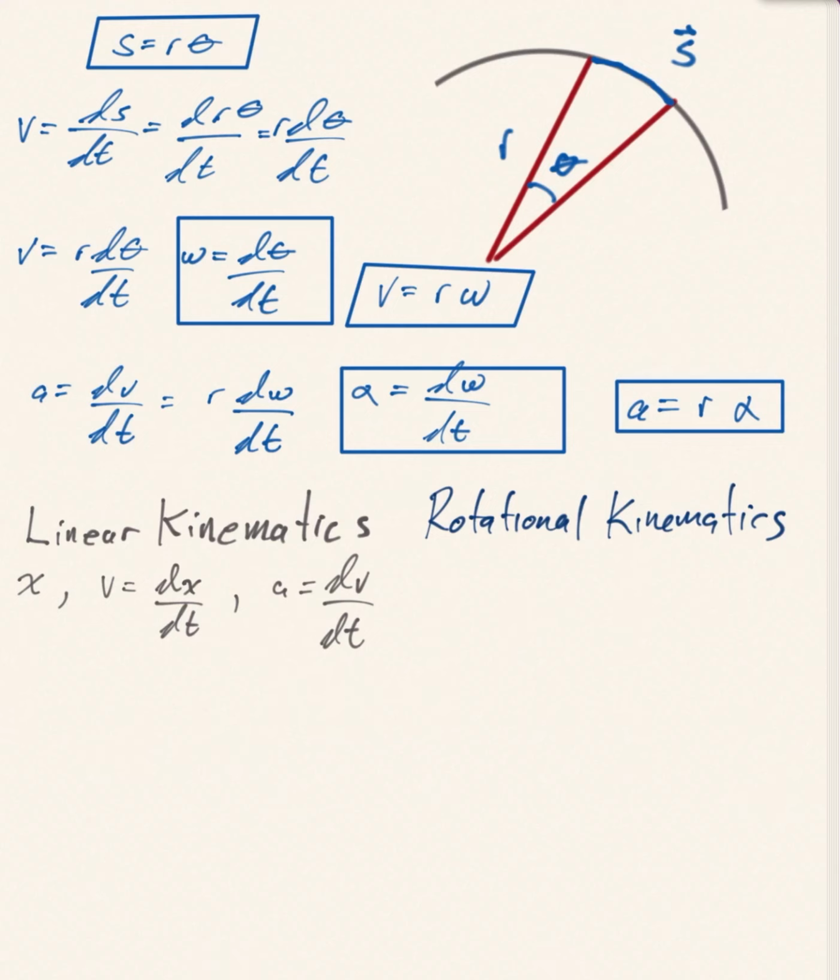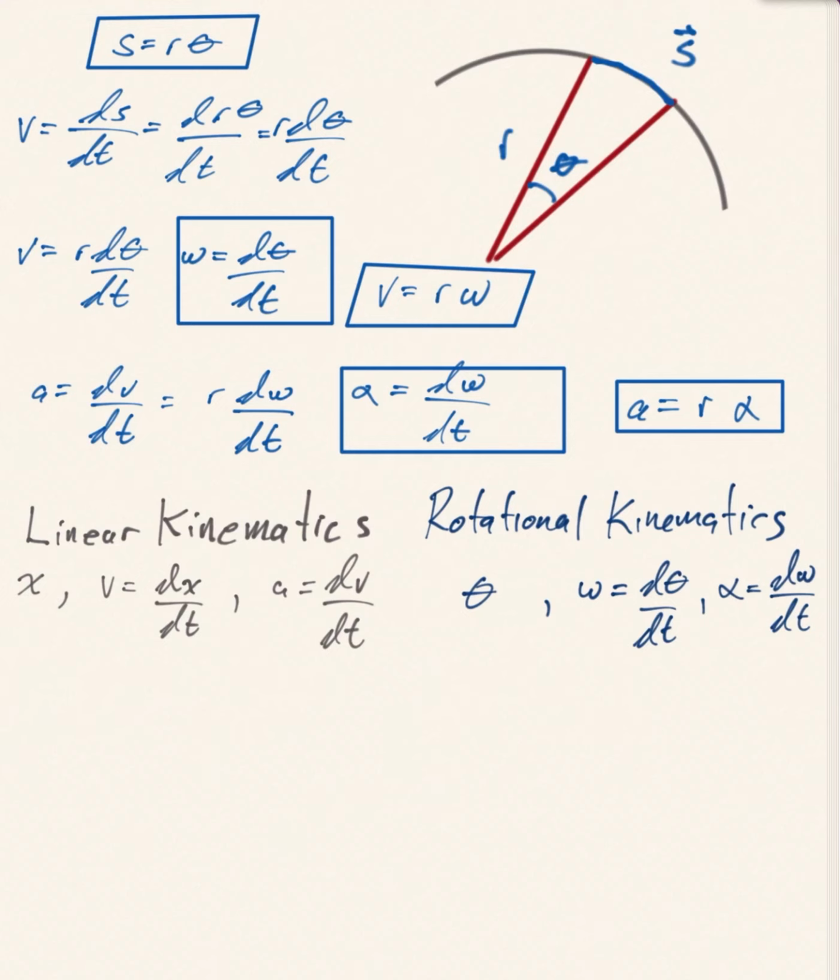Similarly, our rotational kinematics are going to be based around theta, which is the angle, omega, which is the rate of change of that angle with respect to time. That's called the angular velocity. And alpha, which is the rate of change of omega with respect to time. So alpha is a rotational acceleration, angular acceleration, and that's equal to the rate of change of our angular speed with respect to time.